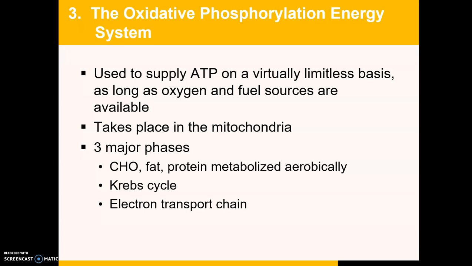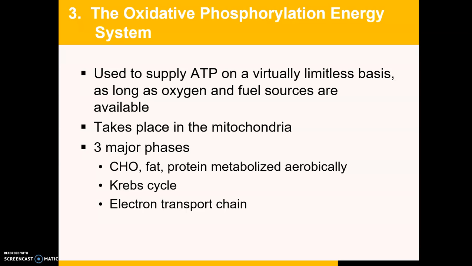The major limitation of the two anaerobic energy systems is their relatively short duration of action, on the order of seconds or minutes. The creatine phosphate energy system lasts just 5 to 10 seconds. Anaerobic glycolysis lasts just 1 to 2 minutes. And that's the limitation of those energy systems.